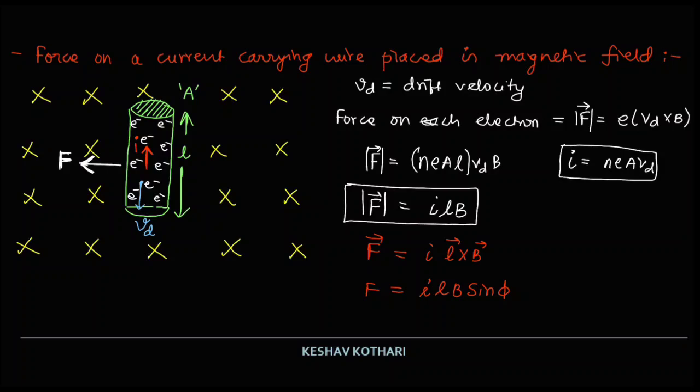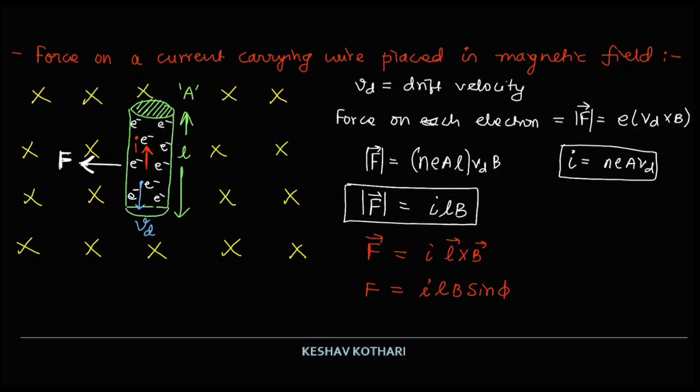The force is always perpendicular to both the conductor and the field, and the direction is determined using Fleming's left hand rule. According to this rule, our index finger represents the direction of magnetic field, the middle finger represents the direction of current, and our thumb gives us the direction of force.